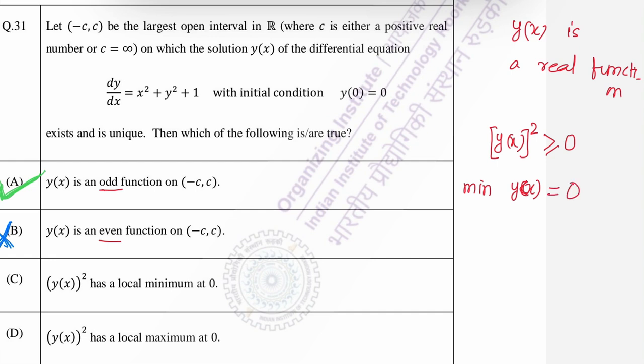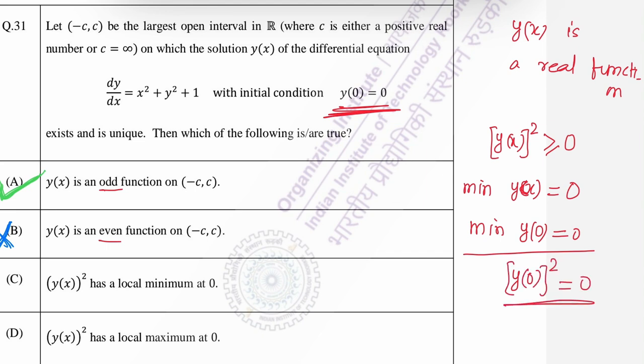And here is the relation, it is obviously 0 at x equals 0. So this confirms that at x equals 0, this function equals 0.